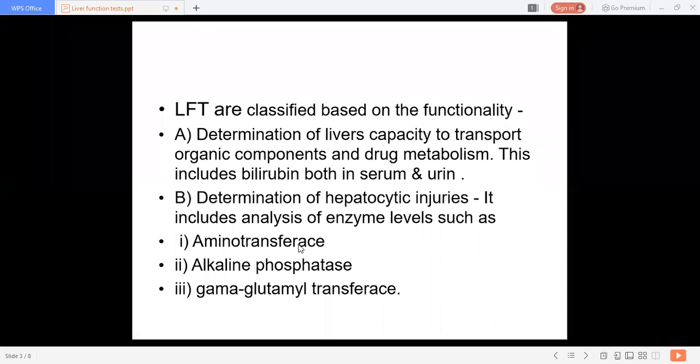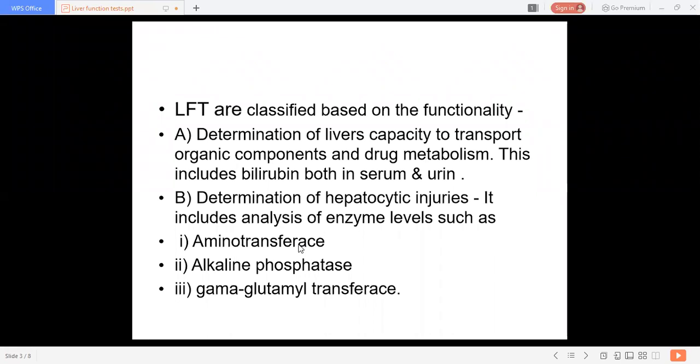Then the second one is ALT, that is alanine aminotransferase. The normal range of alanine aminotransferase, that is ALT, is 7 to 56 units per liter.